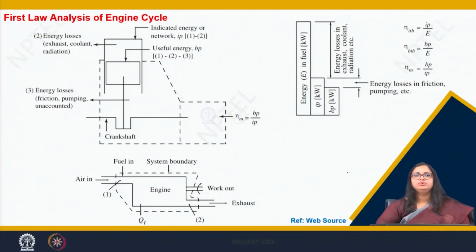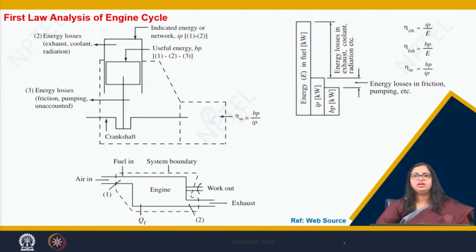Now we come to the numerical analysis of the energy that we get from an engine. What we understand is that an engine takes the fuel energy and converts it into mechanical energy. So it converts chemical energy to mechanical energy.